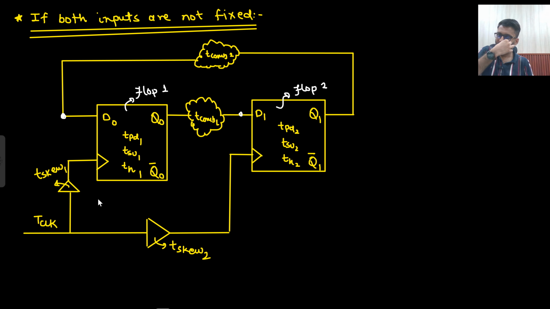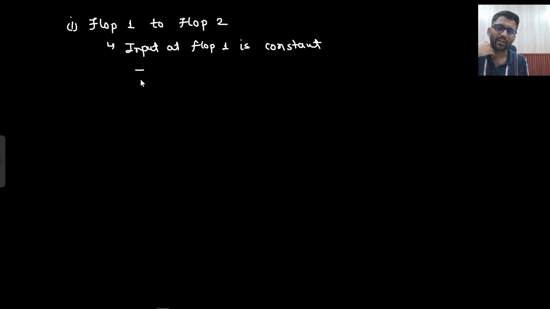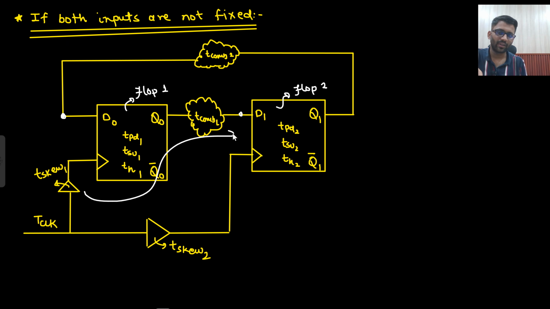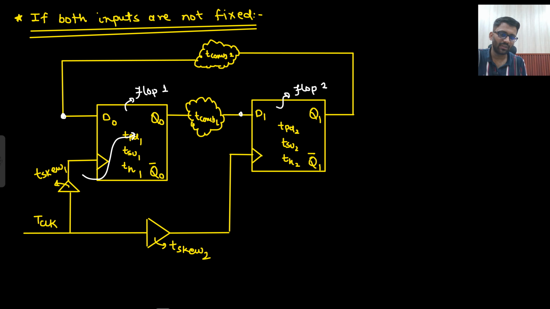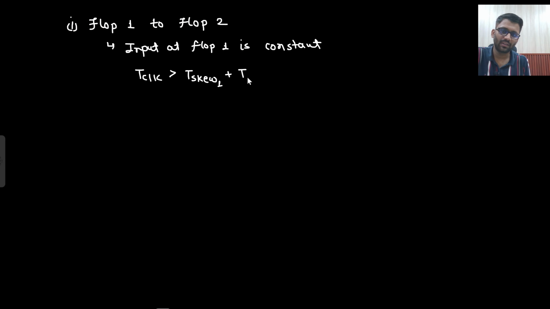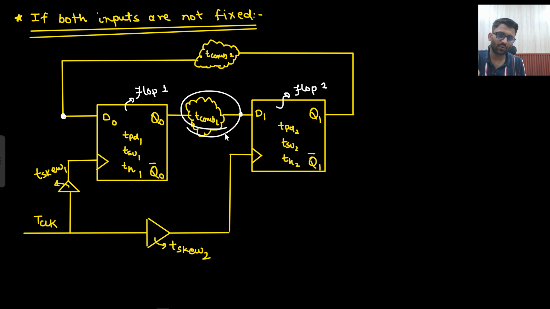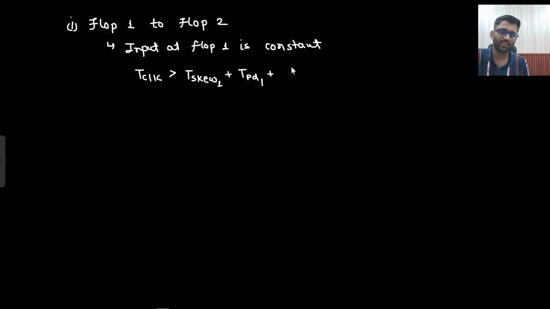So now I am traveling from here to here. How can I write down the T clock value? Tell me. You will write down on your own. If you are going from here to here, first it will have to go through this T skew. So T skew plus TPD1 plus T-comb1, T combination 1.